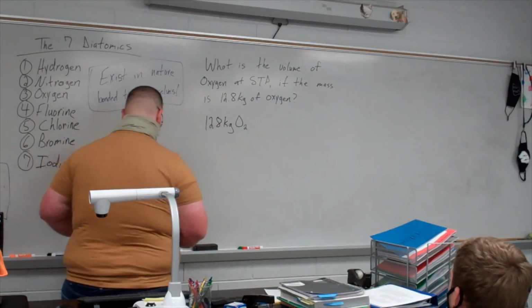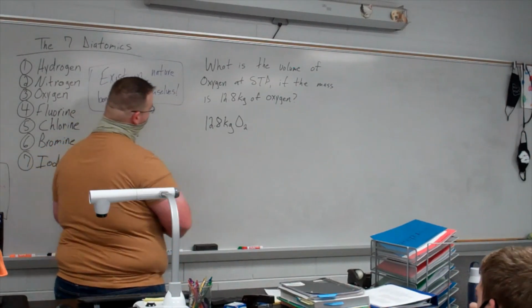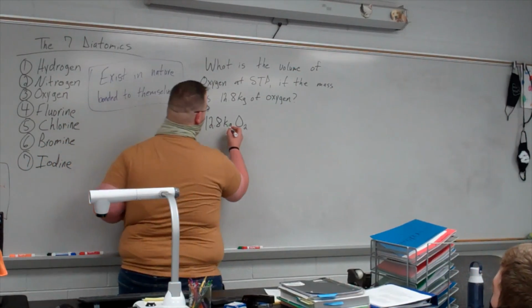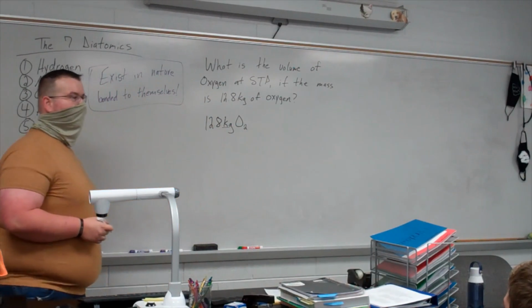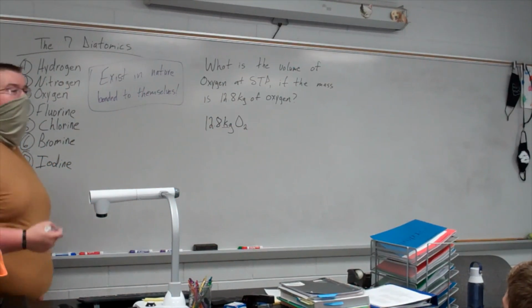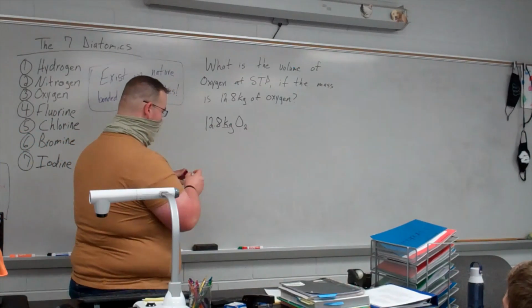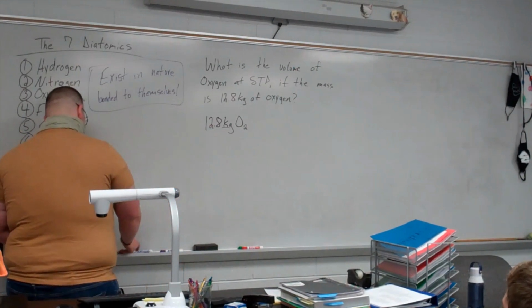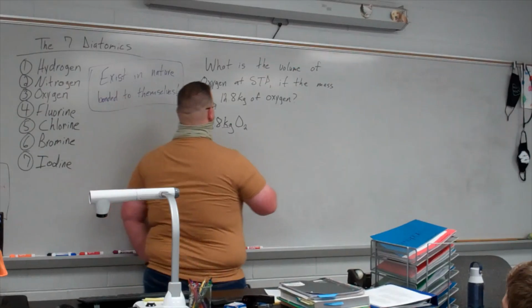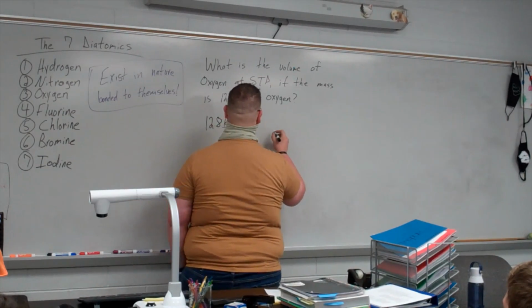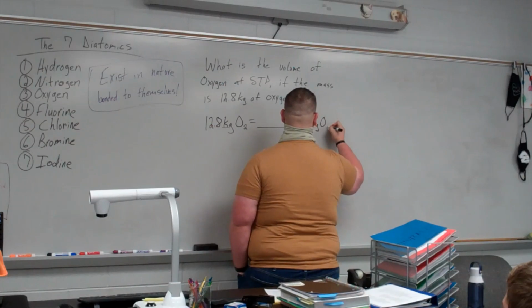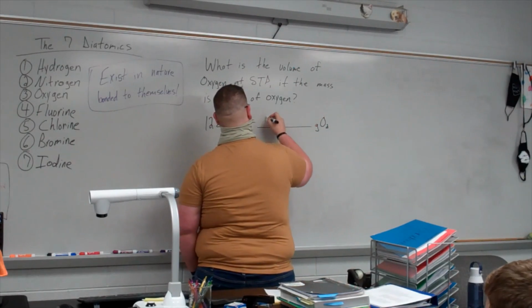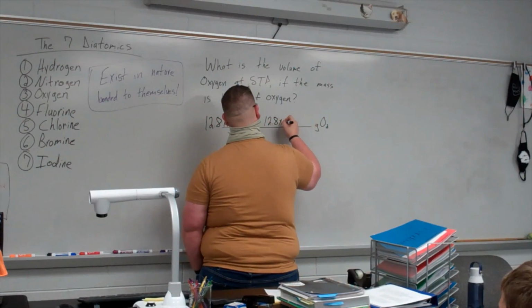But here's the other little trick. Can you directly go from kilograms and start converting? No. You have a metric conversion you have to do first. So you guys see what 12.8 kilograms of O2 is for grams of O2. Write the number down, times 10.